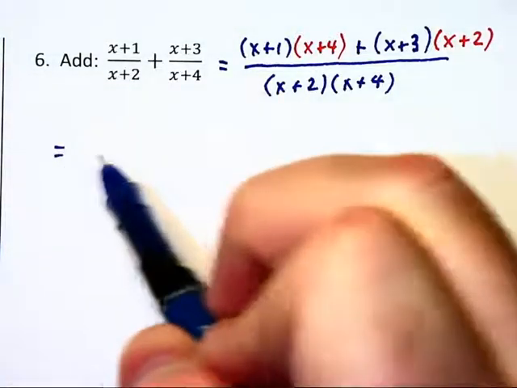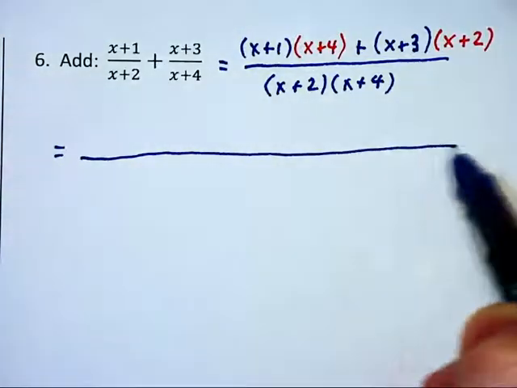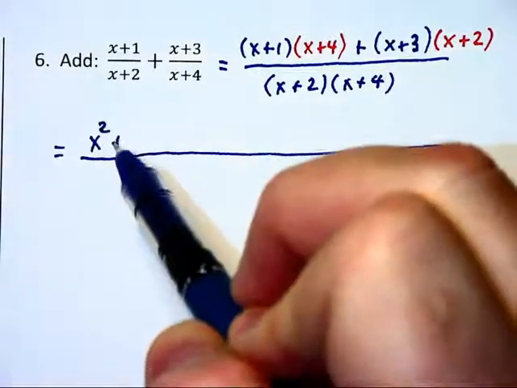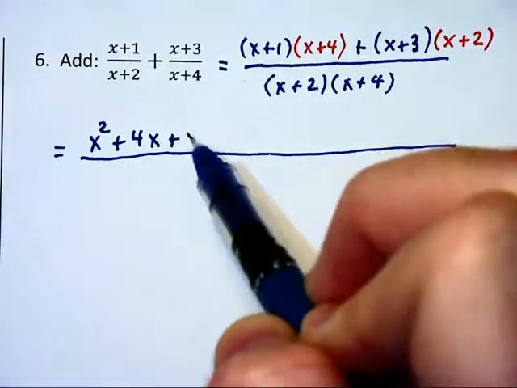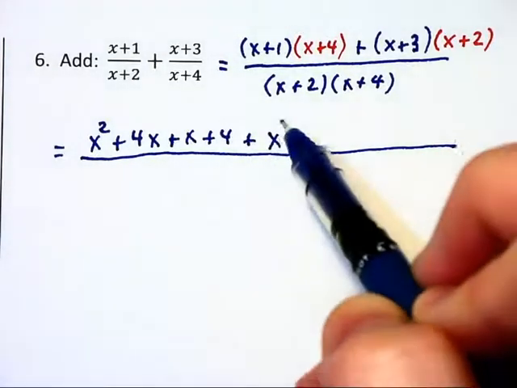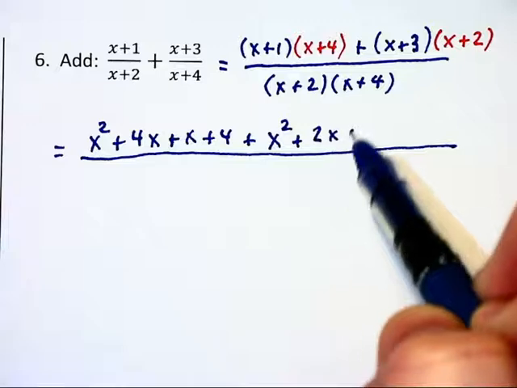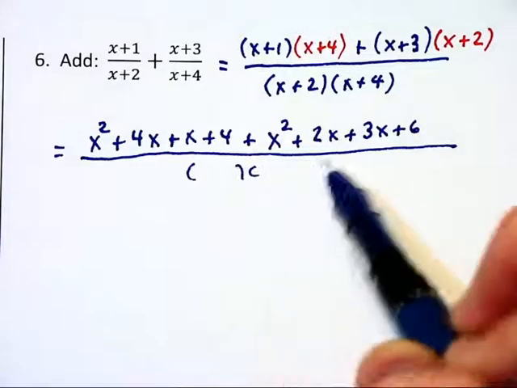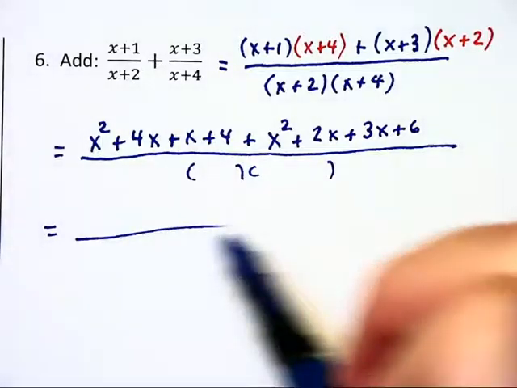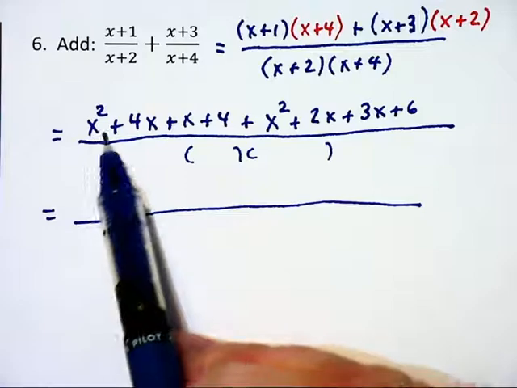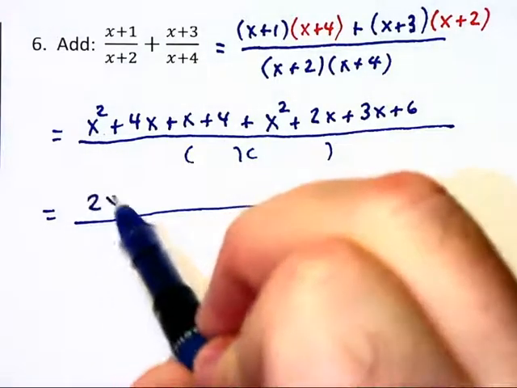Now that numerator contains two FOIL problems. The first one gives us x squared plus 4x plus x plus 4. The second FOIL problem gives us x squared plus 2x plus 3x plus 6 over these two factors down below. We now need to combine like terms. We have x squared and x squared making 2x squared.